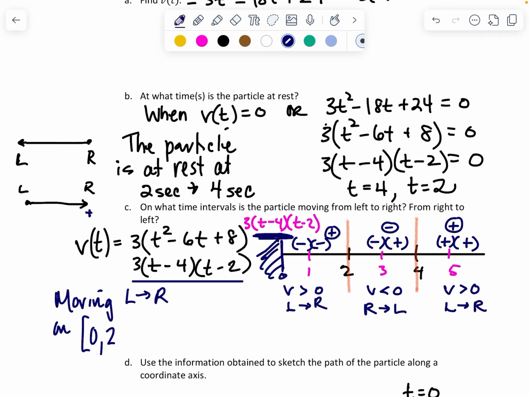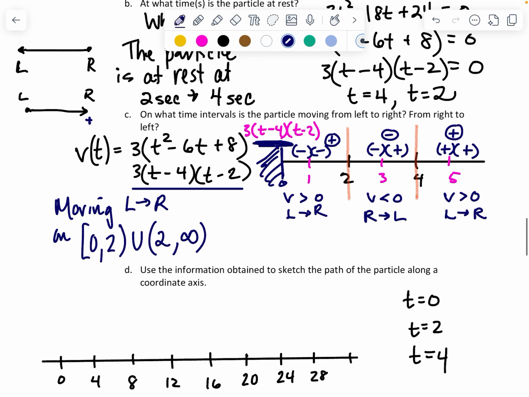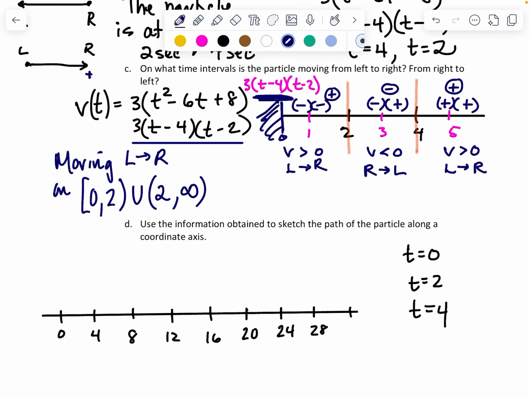And at 2, what happens at 2? It stops. So it's 0 to 2. We're not going to include it. And then union with 2 to infinity. It doesn't have a stop there, so it's just perpetual motion.